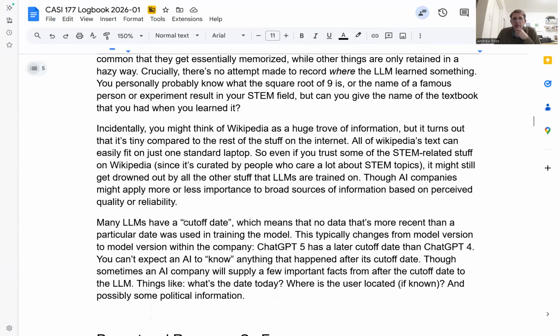Many LLMs have a cutoff date, like it was trained in this month, and so it doesn't know anything that was posted on the internet after that month. This changes from model version to model version within the company, like ChatGPT 5 has a later cutoff date than ChatGPT 4.